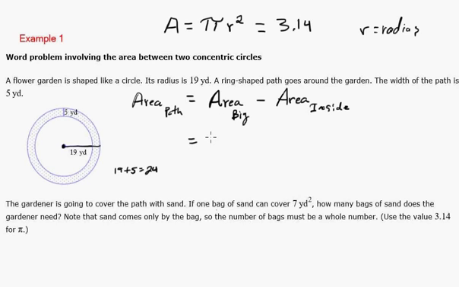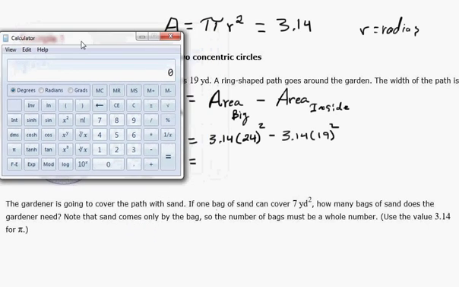So this would be 3.14 times 24, and then we have to square it. The area of the inside is a lot easier to see: that's 3.14 times 19 squared.